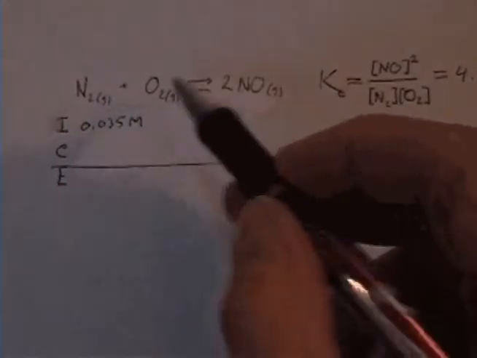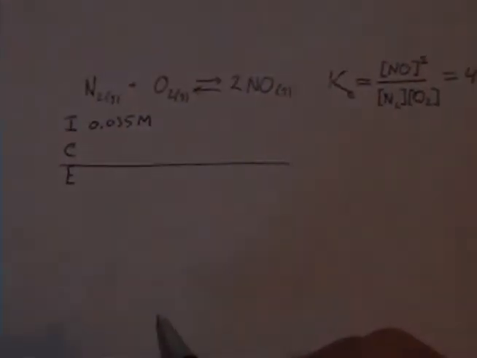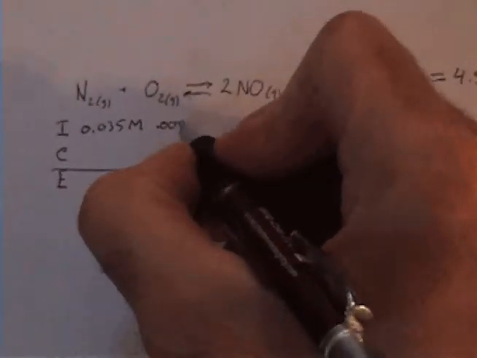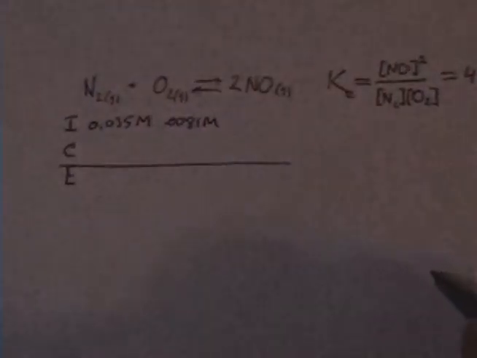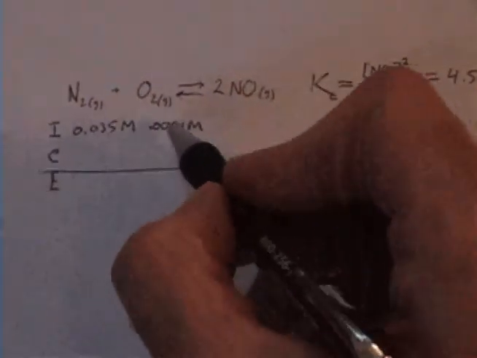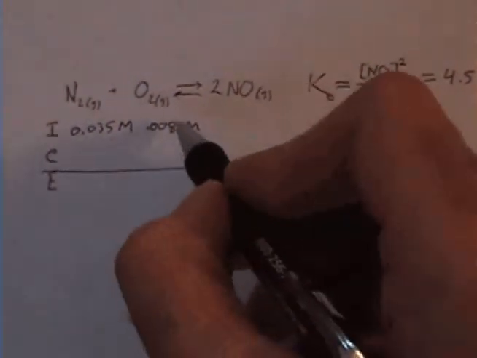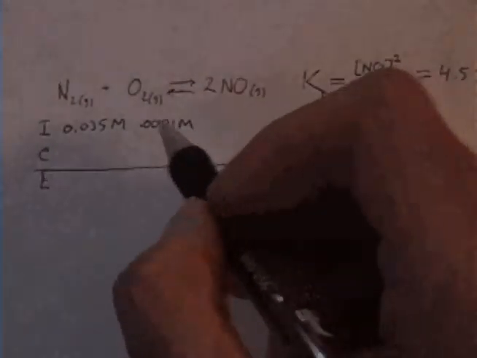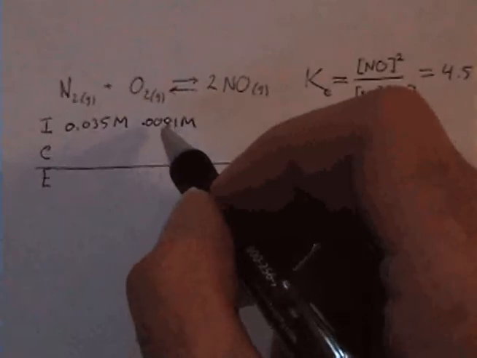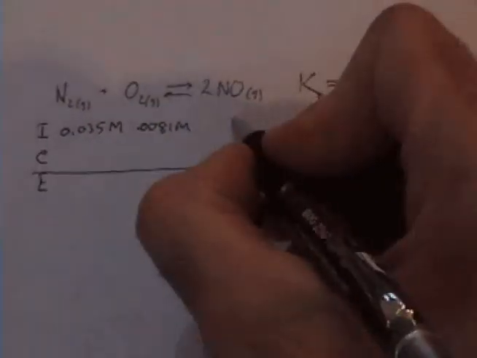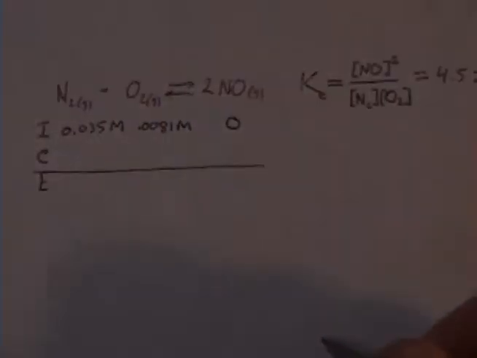The oxygen concentration in air is about 0.0081 molar. To start out with, we're just going to say we have pure oxygen and pure nitrogen at these concentrations, and we don't have any of the product to begin with.